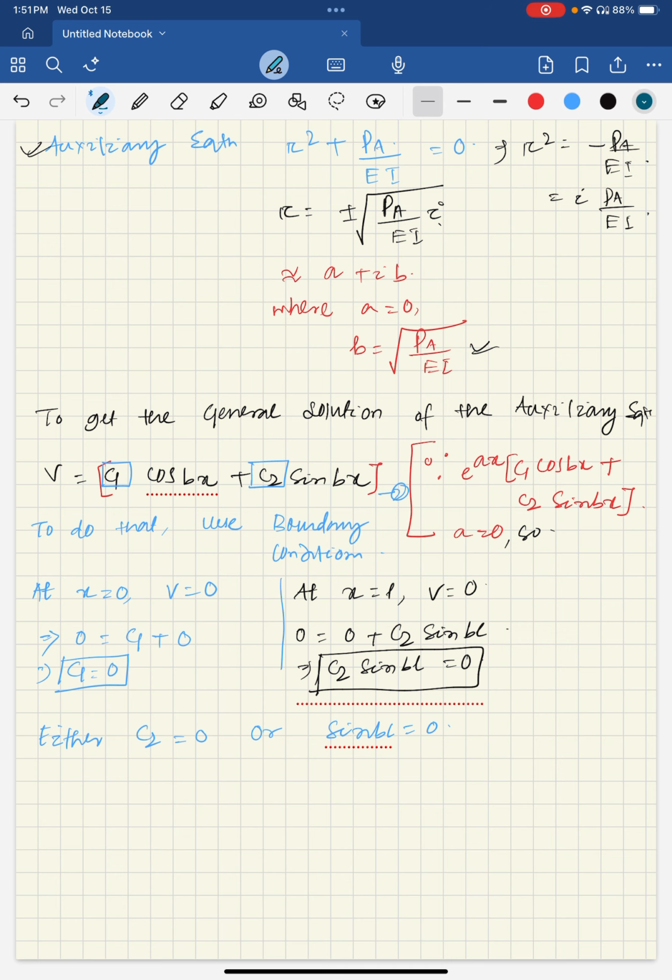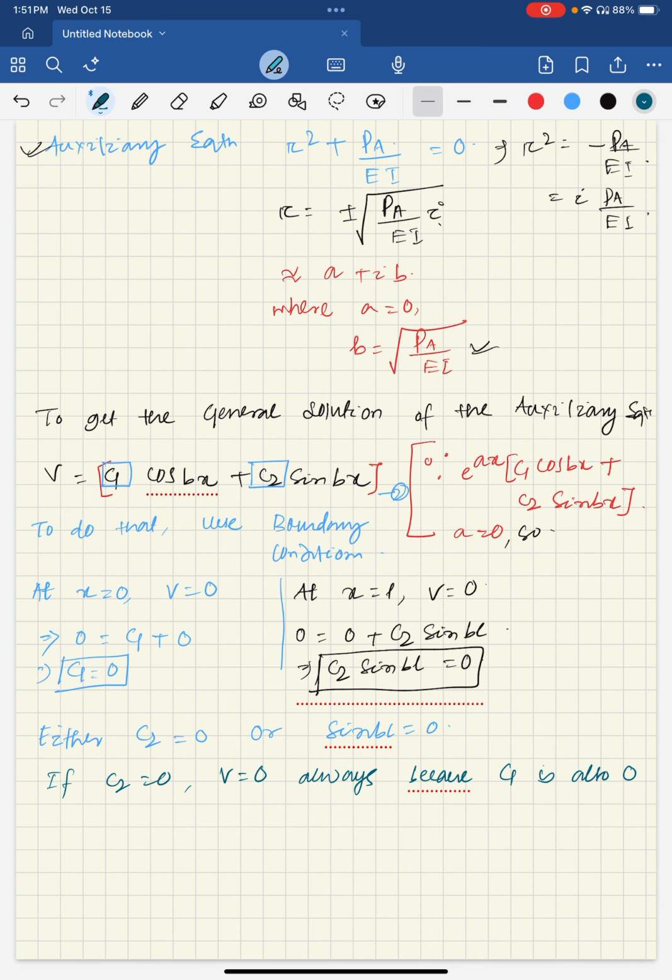Now if c2 is equal to 0, v is 0 always, because c1 is also 0.